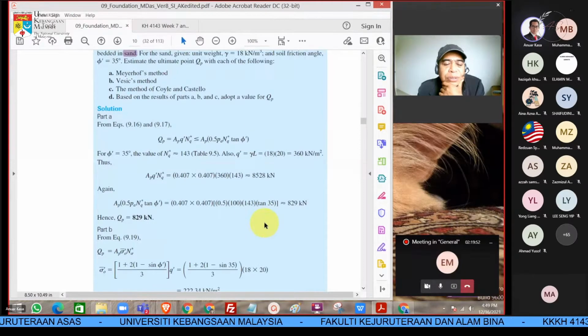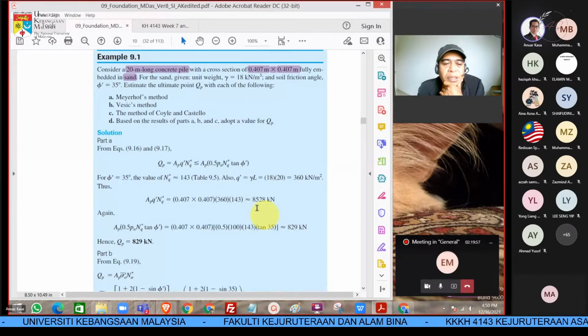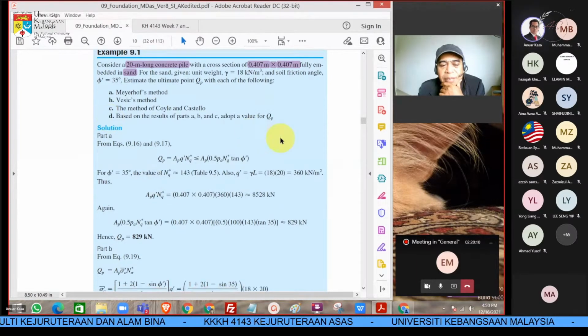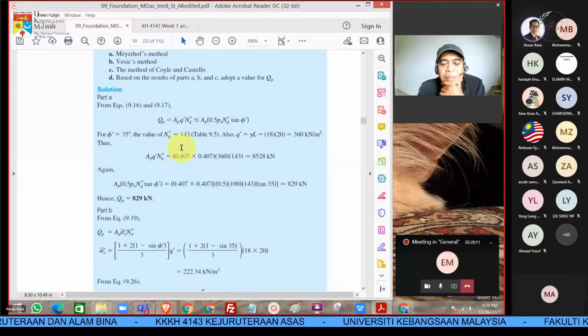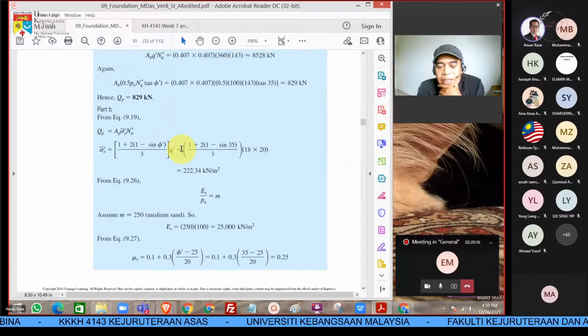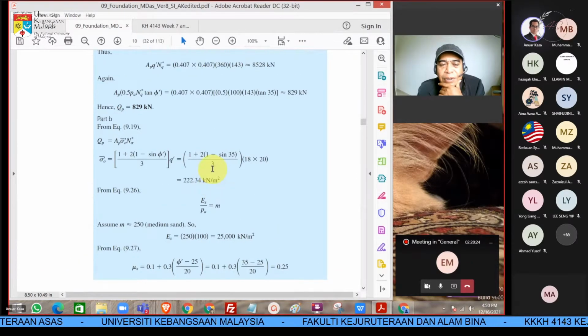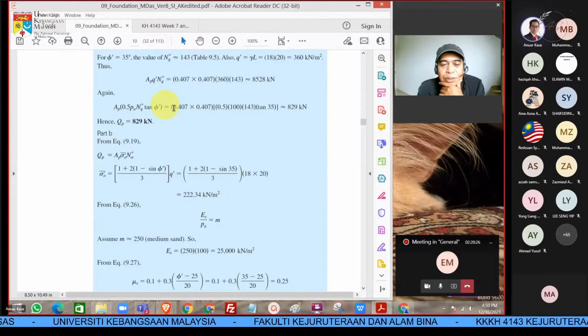Here there is one example which you can use as a guide to calculate the QP for different methods. So you can look at this one and try to understand it. It's straightforward. If you cannot understand, go back to the lecture notes.